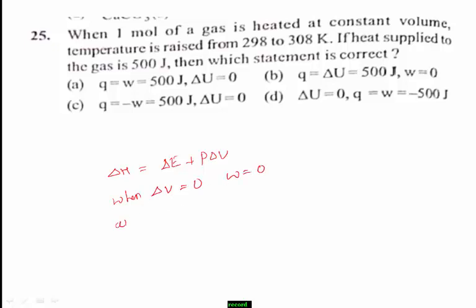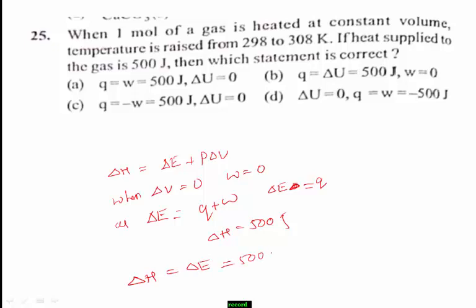As delta E equal to Q plus W, then delta E equal to Q. In the present problem, delta H equal to 500 joule, and delta H equal to delta E is equal to 500 joule.